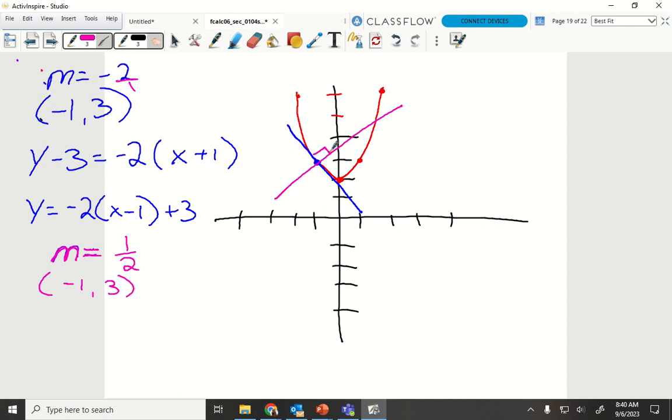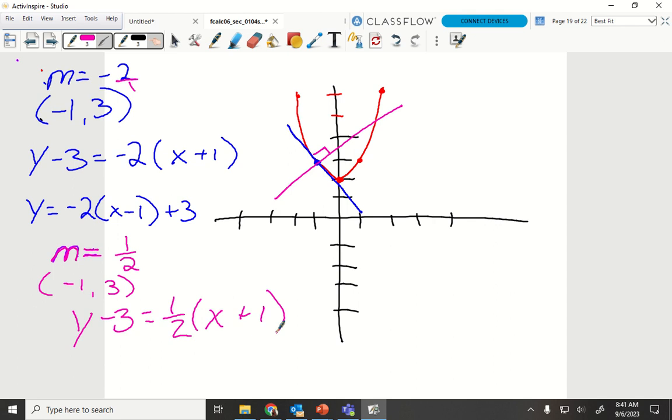Use your point-slope formula: y minus 3 equals 1/2 times (x plus 1). There you go. Make sense or nonsense?